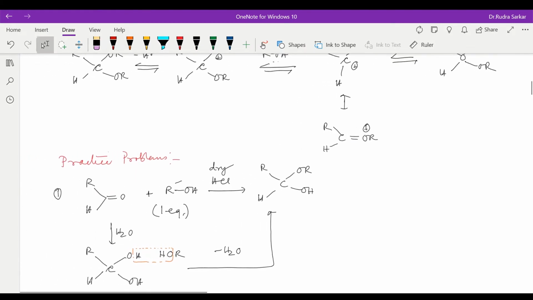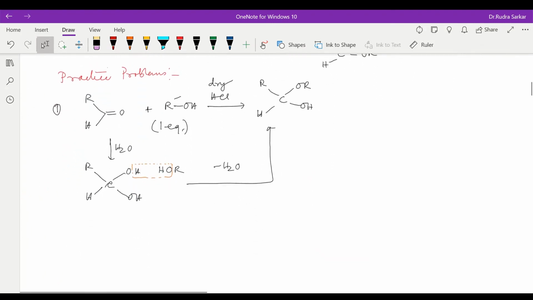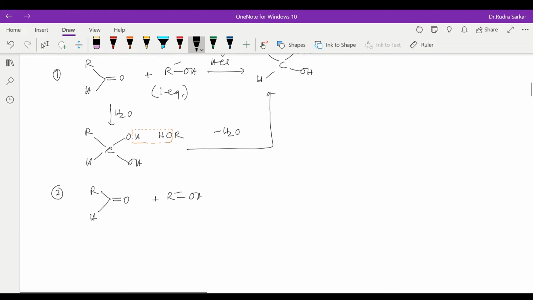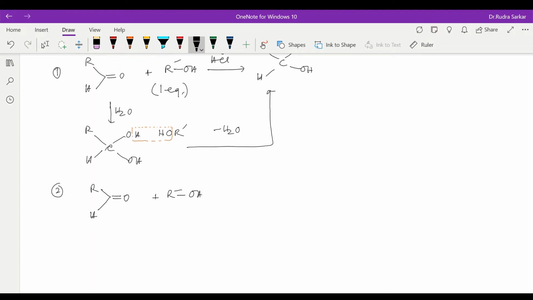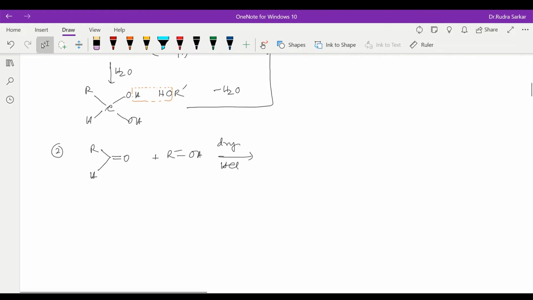Now, if I had involved two molecules of alcohol, say something like this. I forgot to put a prime on that. So now I have said dry HCl. What you do is again you repeat the same step. Convert this to a gem diol. As simple as that.